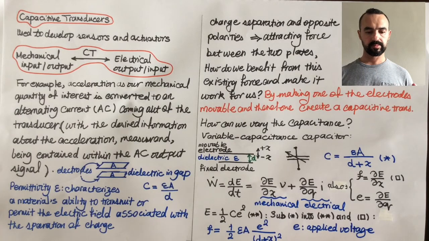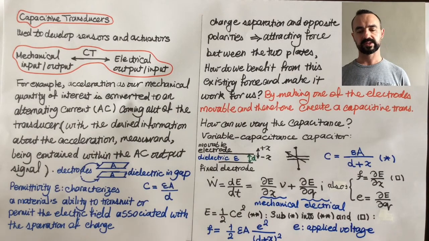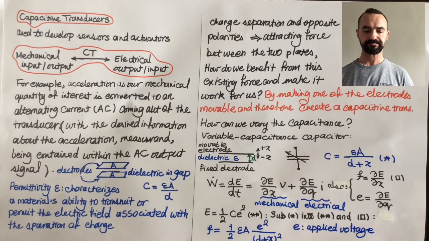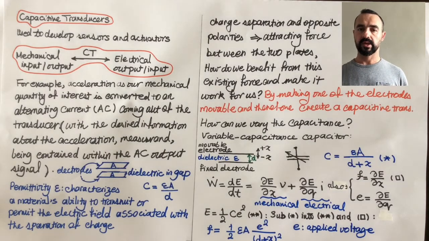For example, in an accelerometer, we have acceleration as our mechanical quantity of interest. This mechanical quantity is then converted to an electrical, say, alternating current. This alternating current carries the information we are after, the information about our measurand, the quantity of interest.